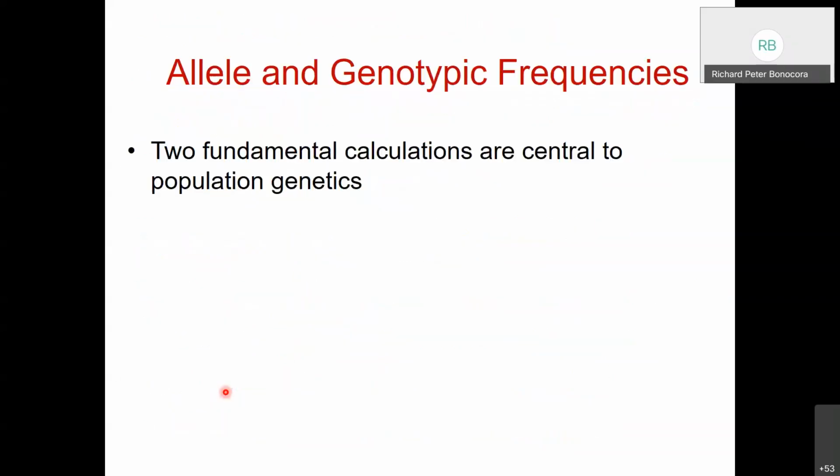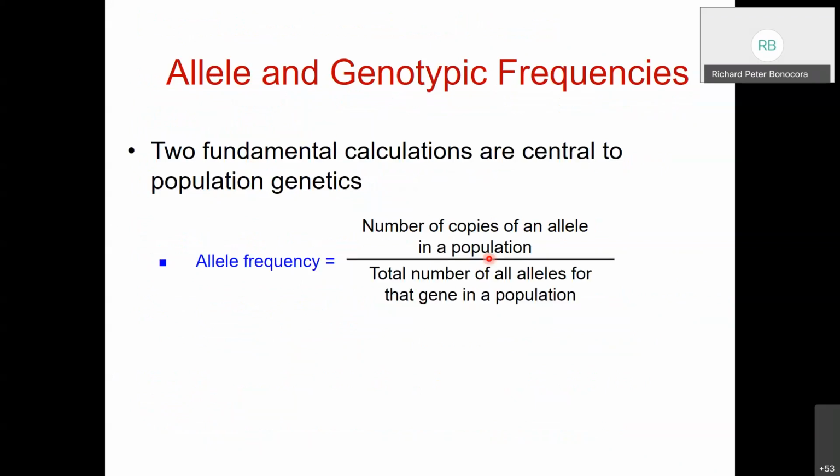So there are a couple fundamental calculations that we have to do. One is the allele frequency, and that's a good place to start. The allele frequency is the number of copies of an allele in a population divided by the total number of alleles for that gene in a population.